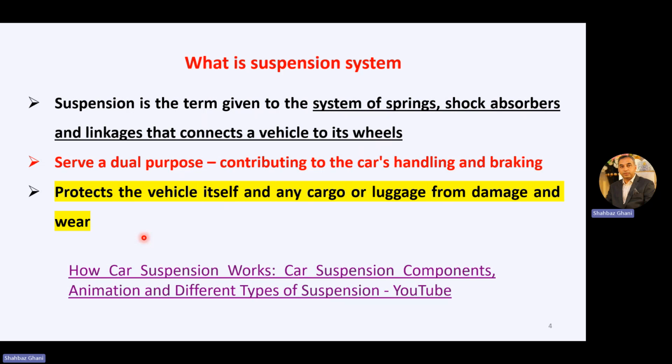So suspension is generally defined like this. And this is a link up in this chapter. Whatsoever I will cover, a very beautiful clip is covering all those aspects in this video.